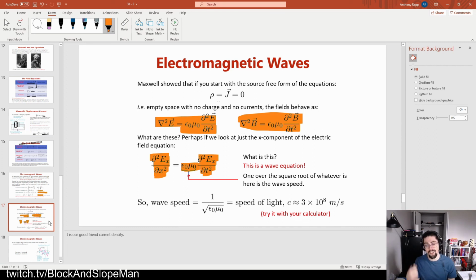This is how light propagates. And not only that, but this constant term right here is the velocity of the wave squared. So you can try this right now. Take your calculator, plug in 1 over the square root of epsilon naught times mu naught, and you'll get back the speed of light, the speed of electromagnetic waves.